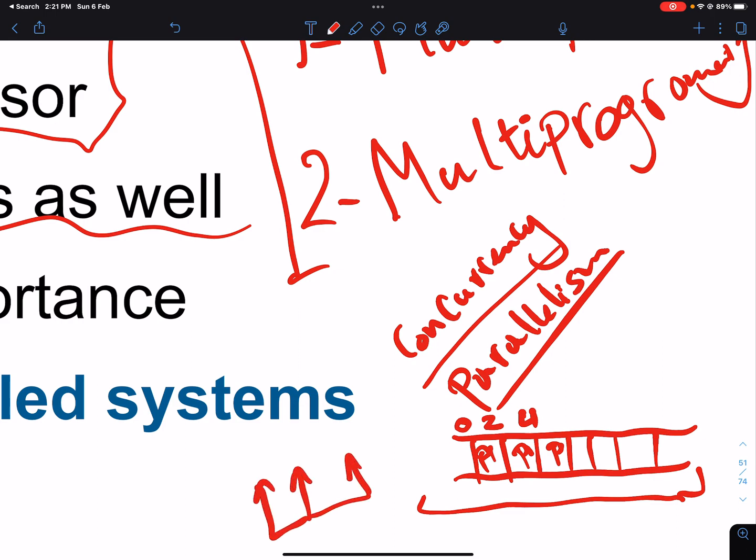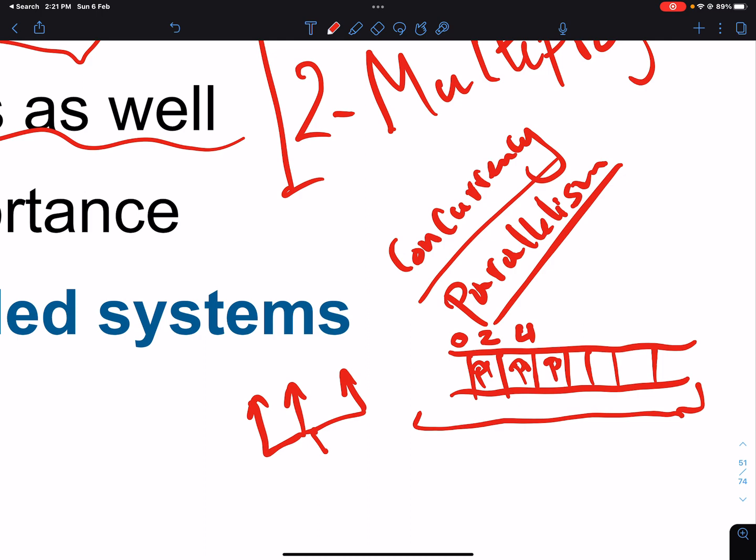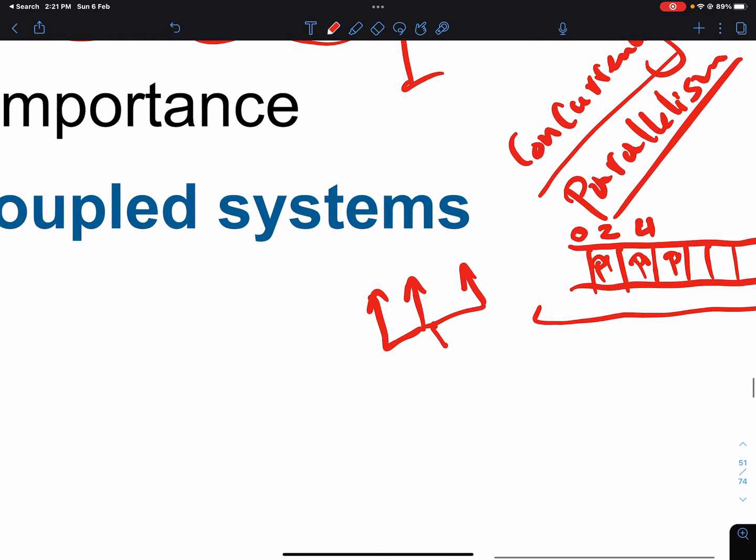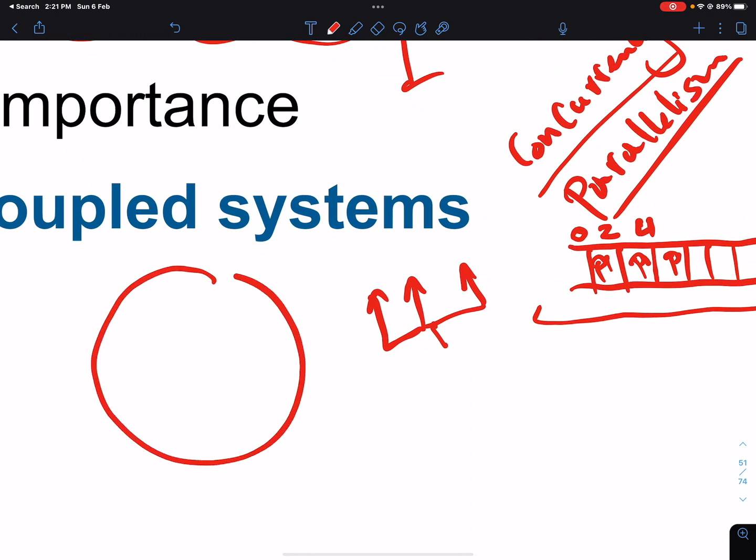As I mentioned before, most of the books, whether operating systems books or others, do distinguish between the two. They present the two as two different things, which is not really the case according to me. That's how I see it. I see that concurrency is the general set, and parallelism is a special case.